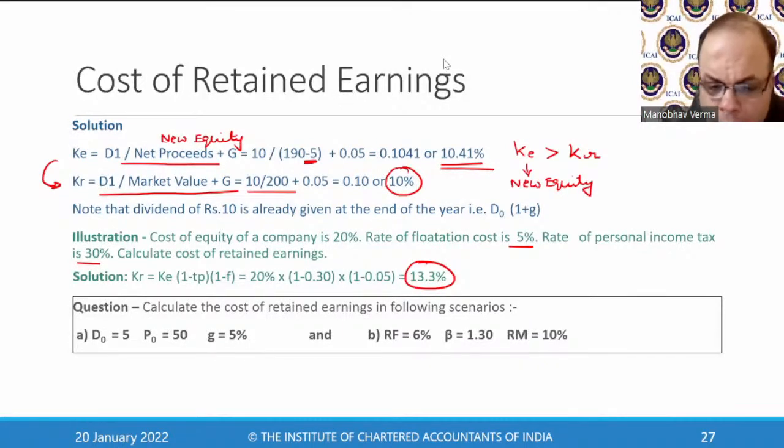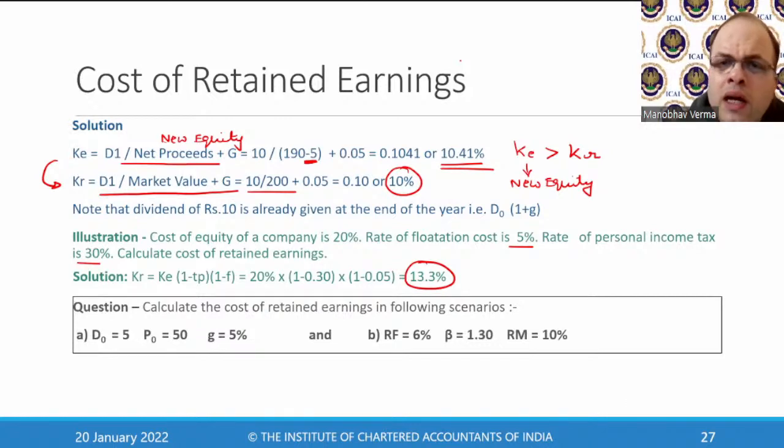Okay, so I'm getting a couple of answers here: 10.5%, 15.5%, and 13.3%. Let's see what is happening in question number A. We're talking about cost of retained earnings equal to cost of equity here. That's pretty sure.